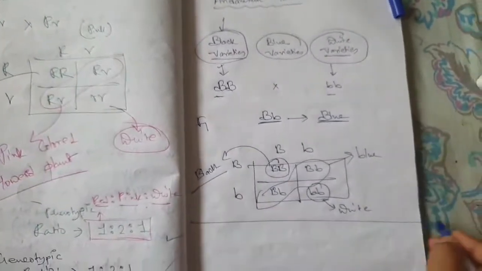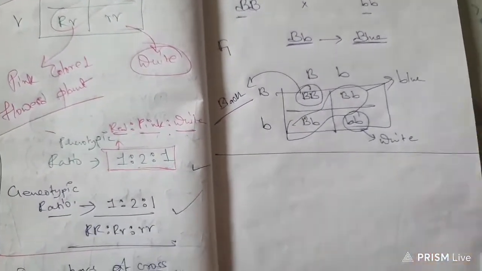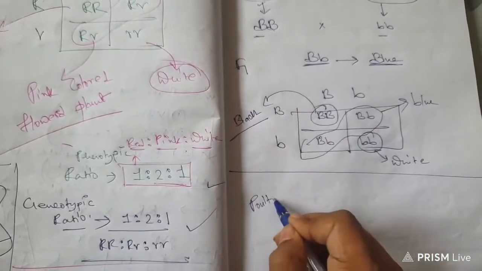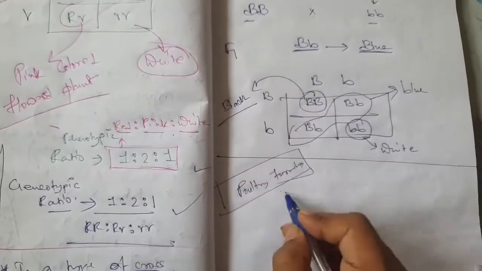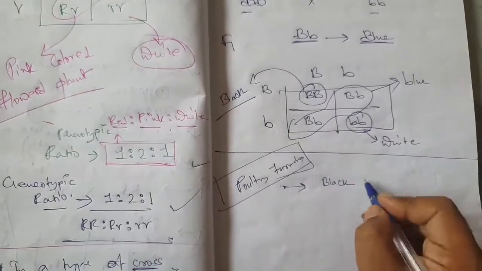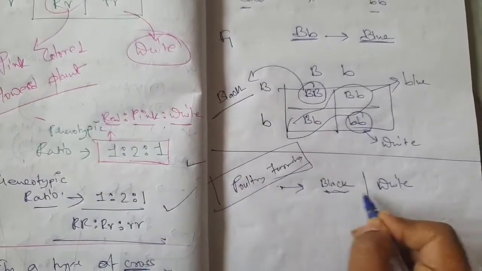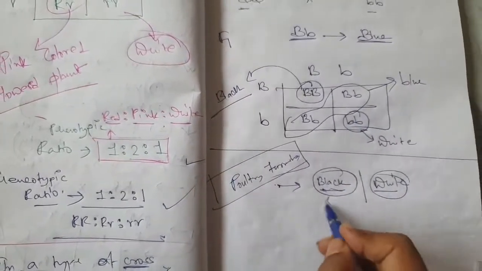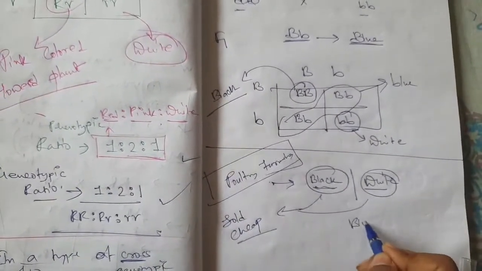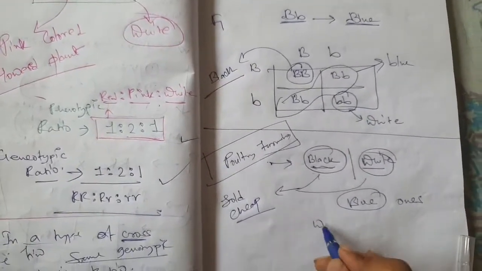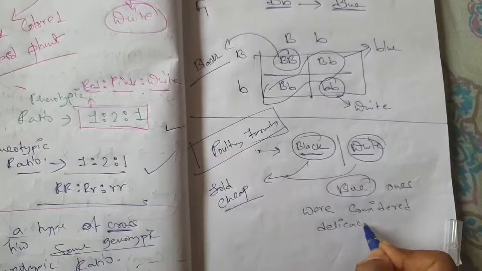But I would like to tell a story here which is very interesting. Some people who were associated with poultry farming thought that the black and the white ones were sold cheap, but the blue ones were considered a delicacy.